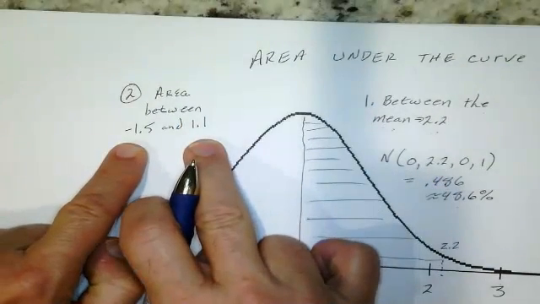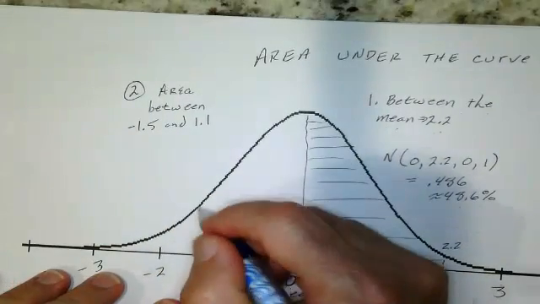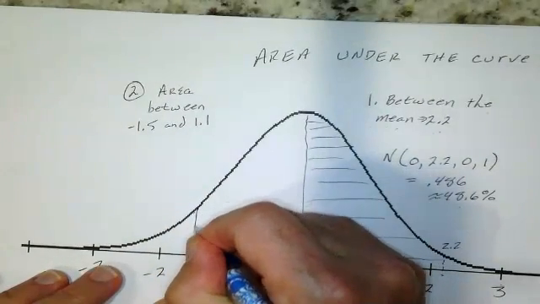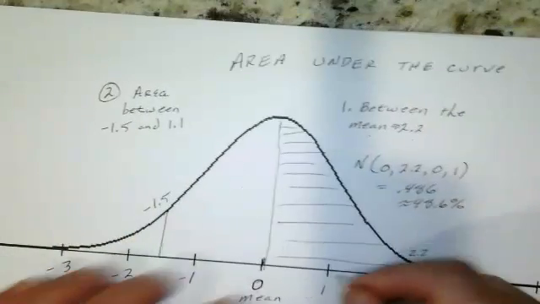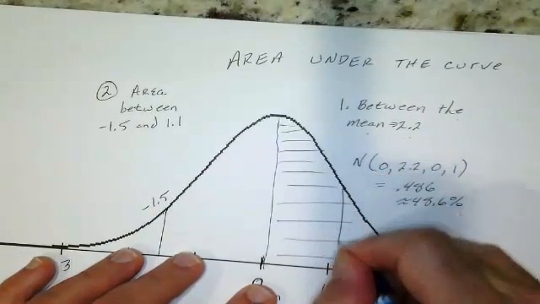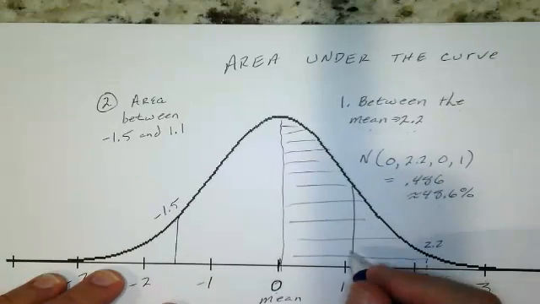We're going between negative 1.5 and 1.1. So approximately here is negative 1.5, and approximately here is 1.1. So now we're looking at this area.